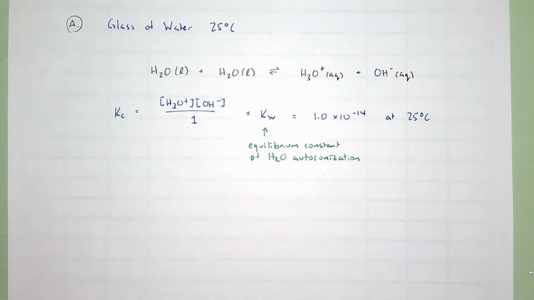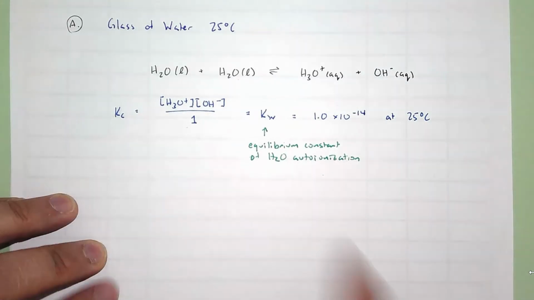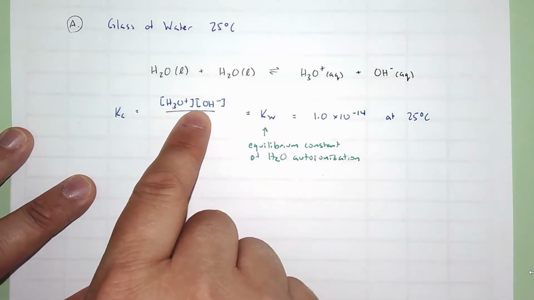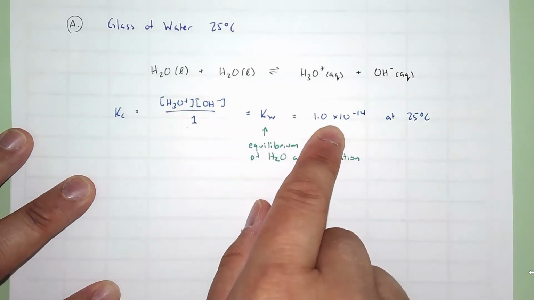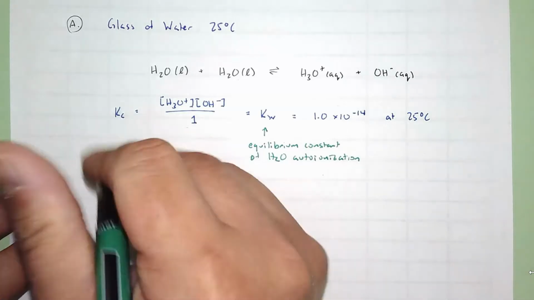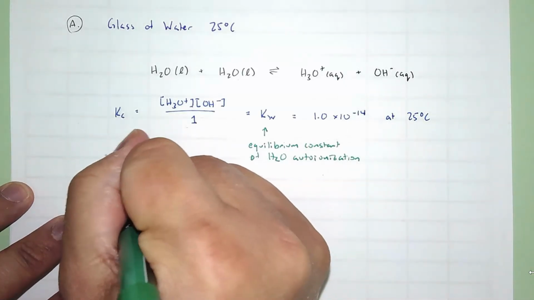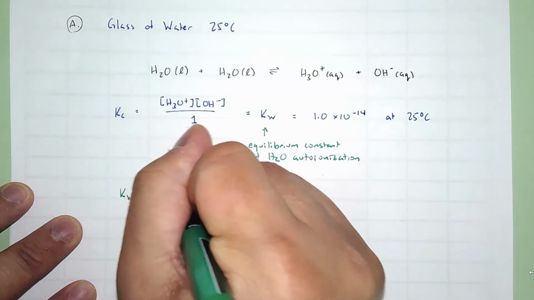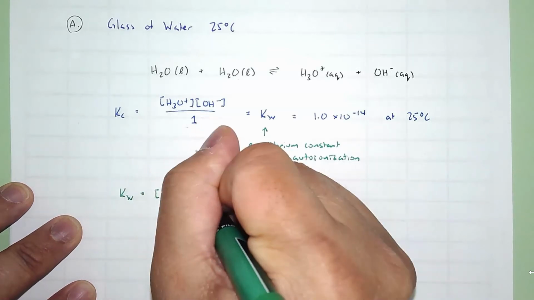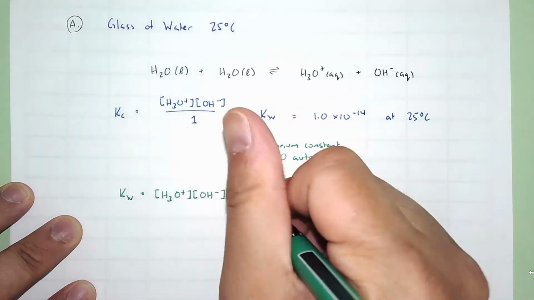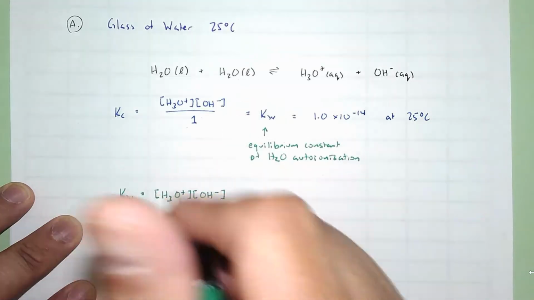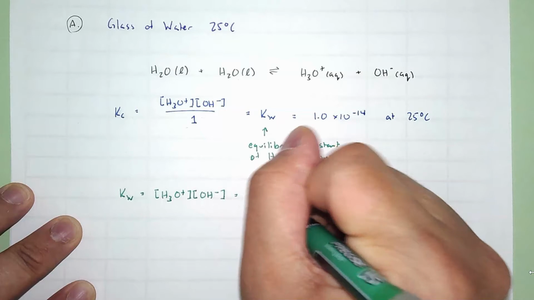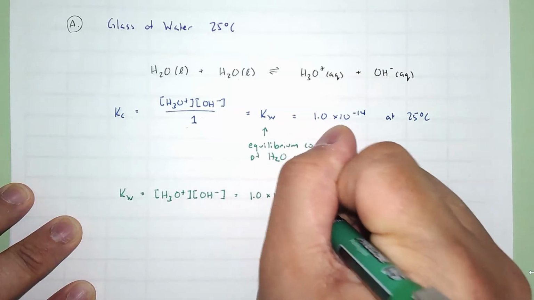Now, if you think about this, we have these two concentrations multiplied by each other, and it equals that. Let us put this into a box. This is an equation to remember. Kw simply is the hydronium concentration times the hydroxide concentration equals 1.0 times 10 to the minus 14.